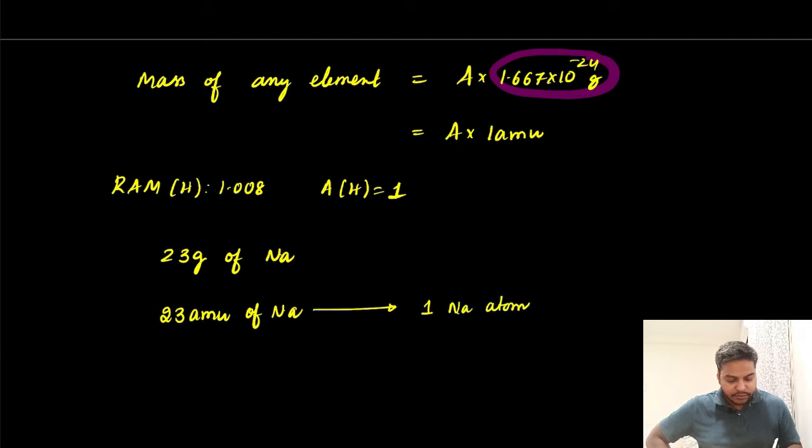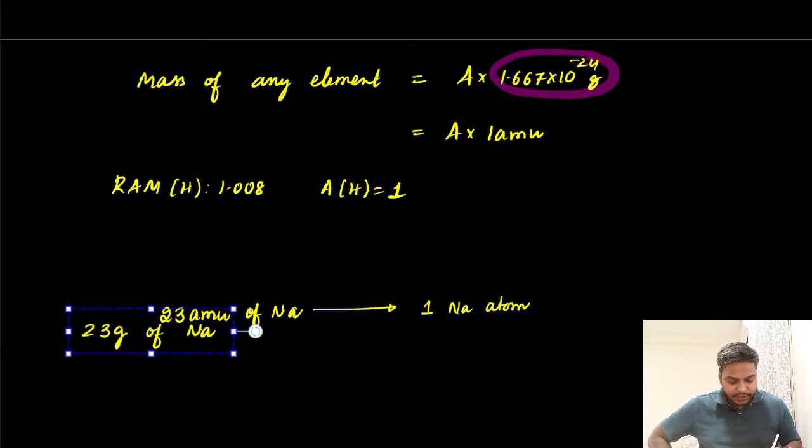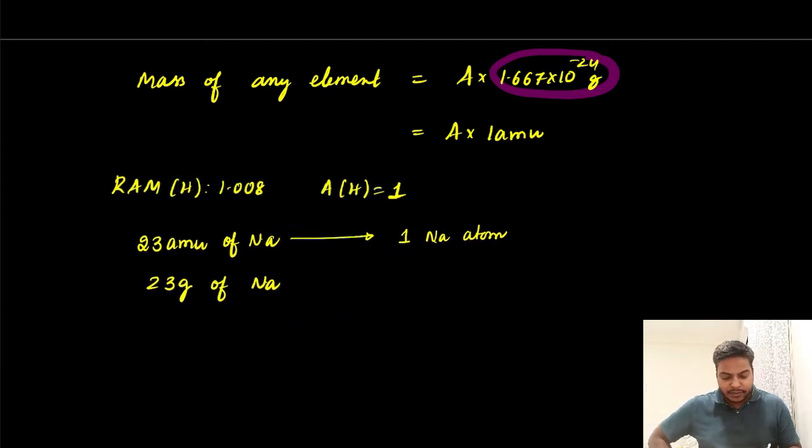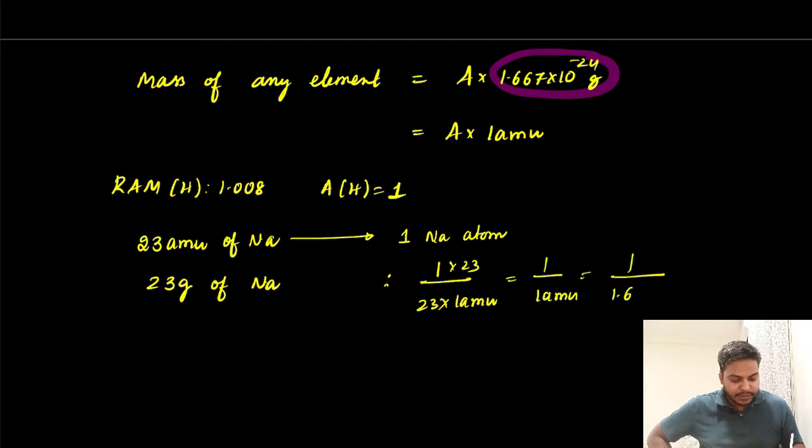If this represents 1 sodium atom, then 23 grams of sodium will represent how many sodium atoms? From here I can say that this will be 1 into 23 divided by 23 into 1 AMU. So this is 1 by 1 AMU, which is equal to 1 by 1.667 into 10 raised to power of minus 24, which comes to 6.023 into 10 raised to power of 23 atoms.